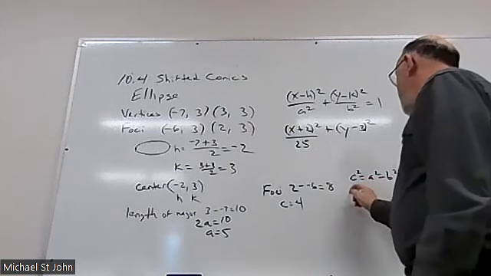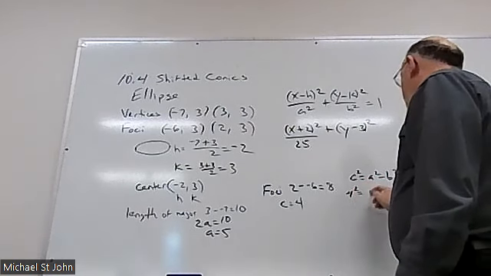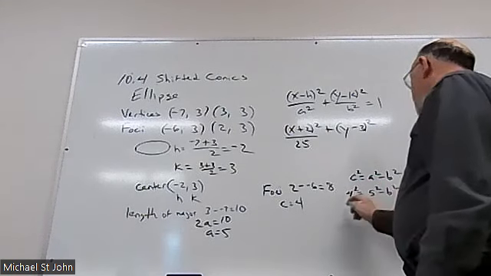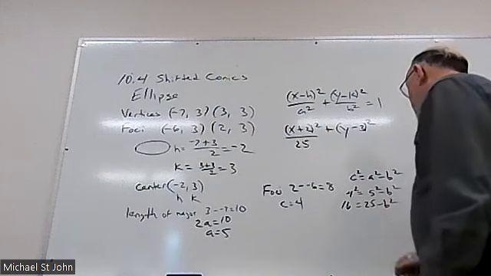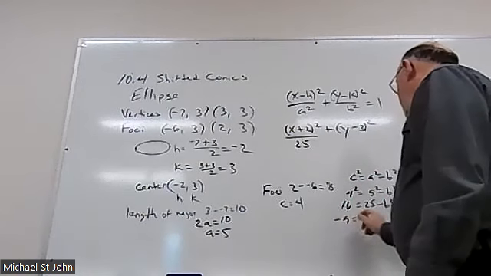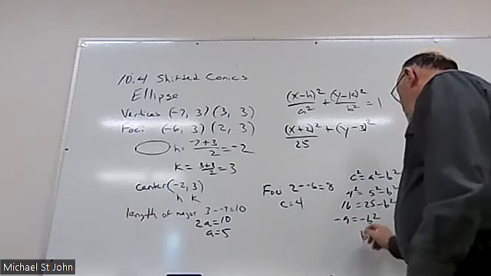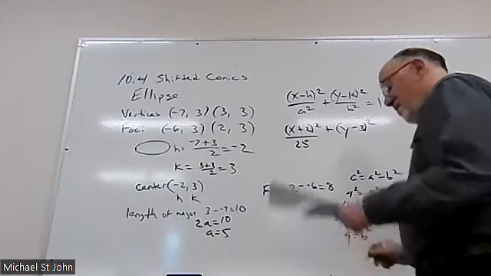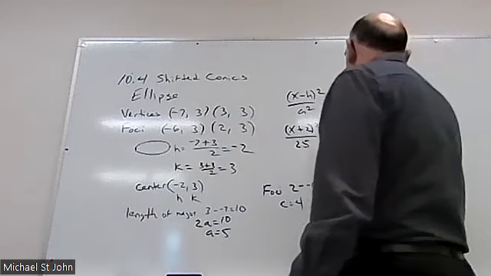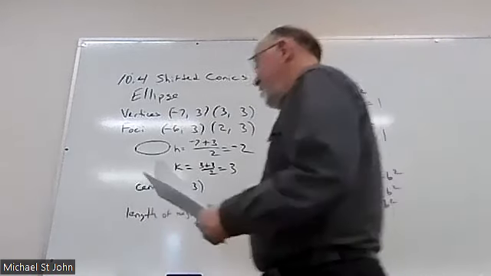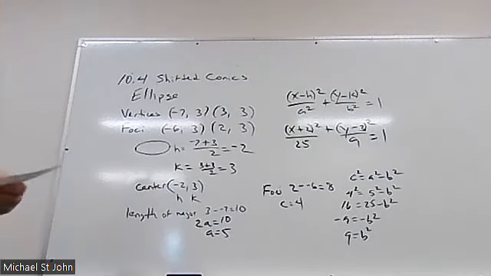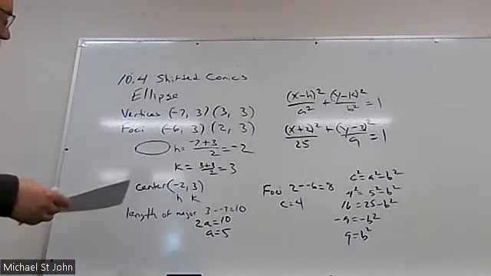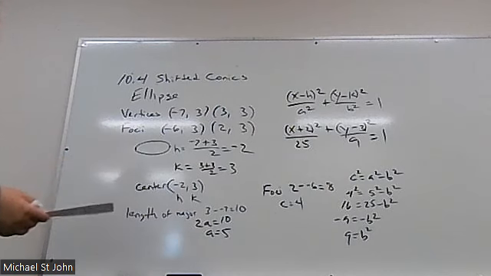So 4 squared equals 5 squared minus b squared, 16 and 25. So b squared is 9. And we have our equation of our ellipse that is centered about (-2, 3).